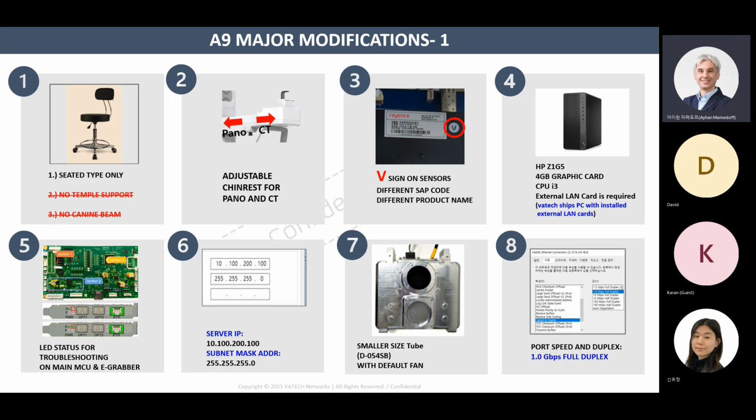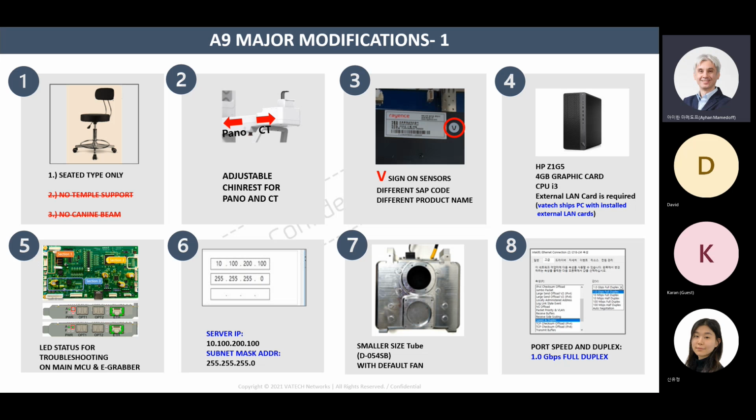The third change or modification that we did here is that we have sensors with a label V on them. These sensors look the same as the other products, especially GreenX, but whenever you see this symbol of V on it, you will know for sure that this one is an A9 product.